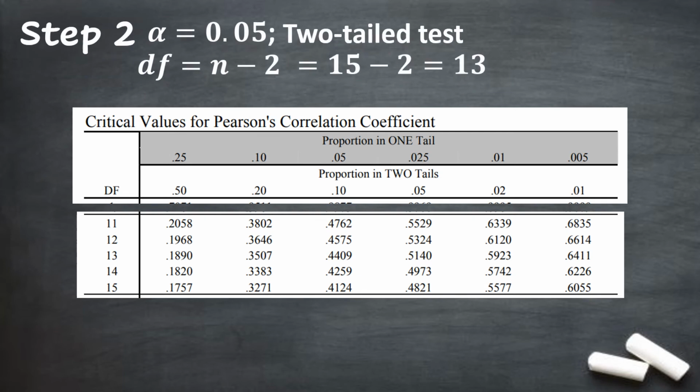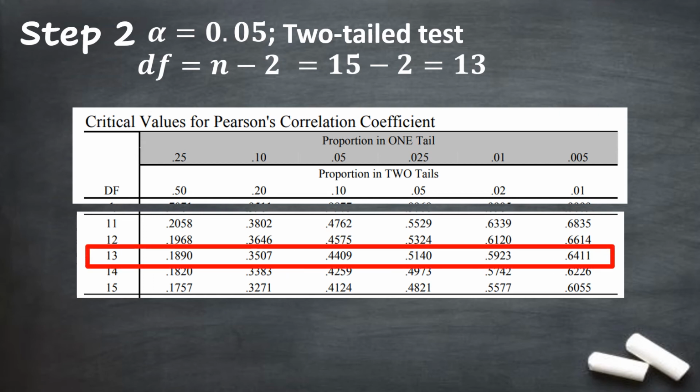Identifying the R tabular, just like what we did in the previous lessons, we have to go back to step 2 and recall the alpha level, the tail test, and the degrees of freedom. Since the degrees of freedom is equivalent to 13, then we have to draw an imaginary horizontal line passing through 13.